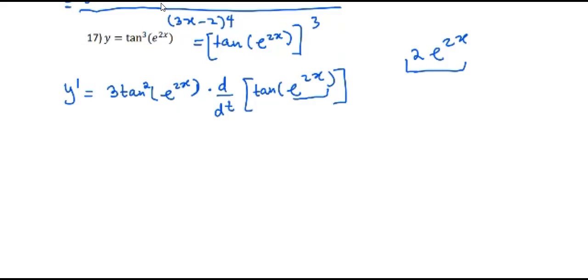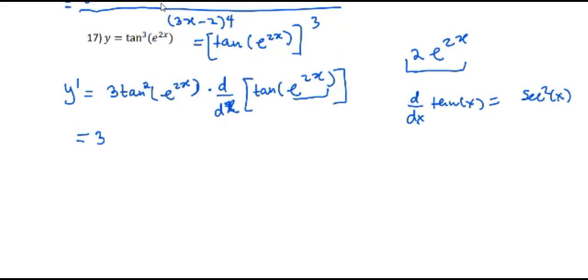And remember the derivative of tan x. If we find d by dx of tan x, that's just secant squared of x. So this is just a fact that you should know. So if we come back to our problem, we're trying to find d by dx of tan of e to the 2x.